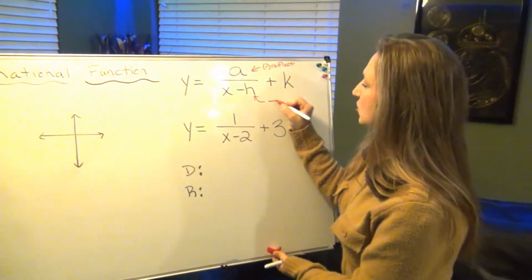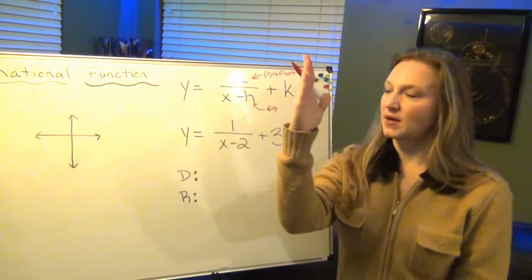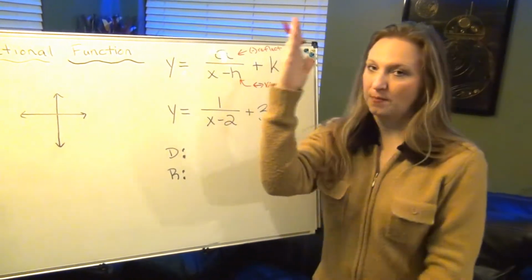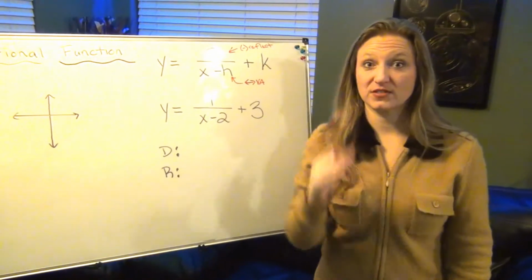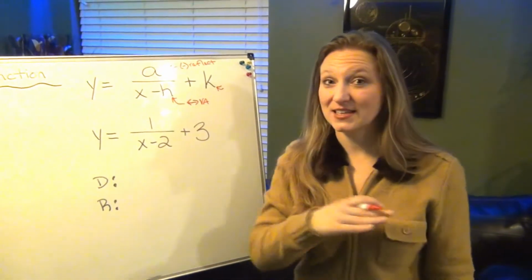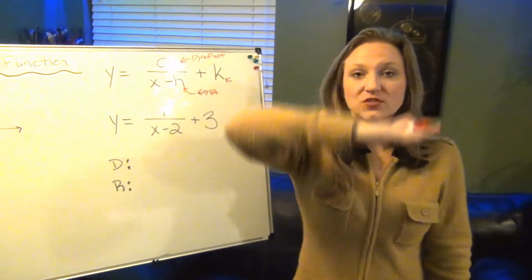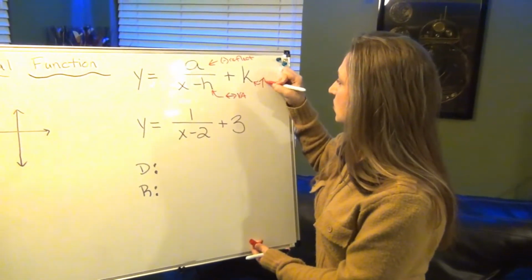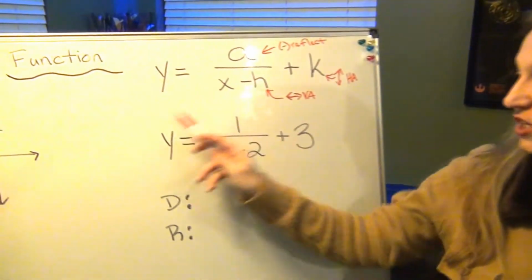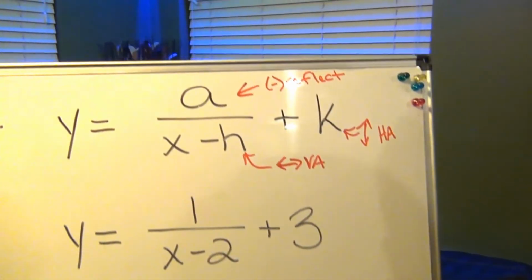So this is still going to shift it left and right, but keep in mind it's going to shift our vertical asymptote left and right. The k has always shifted things up and down, and this is going to shift our horizontal asymptote up and down. So let's see how that's going to look when we look at a problem like this.